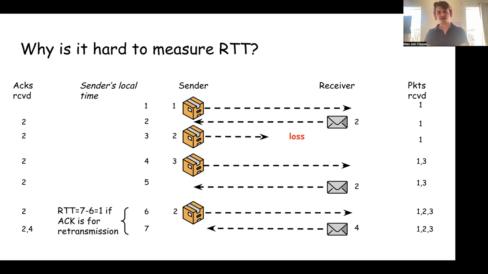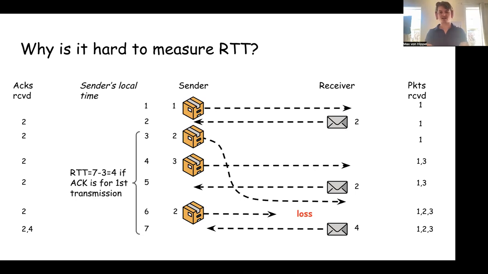Well, one possibility is 7 minus 6 equals 1, because we could measure the time between when the sender retransmitted 2 and when it received the acknowledgement of 4. And if the sender knows that the original transmission was lost, this would be a well-defined operation. It makes sense. But from the sender's perspective, it's entirely possible that actually the retransmission was lost and the original transmission was delayed.